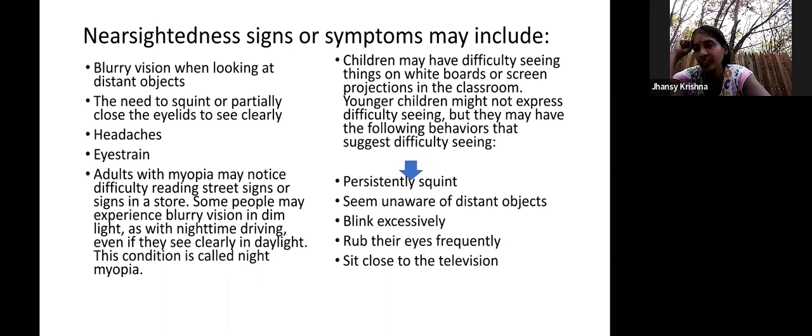They find it difficult to read letters on the backboard from the backbenches. In small children, it can be diagnosed with the following symptoms: they blink excessively, they rub their eyes frequently, they sit close to the television, they persistently squint, and they are unaware of distant objects.